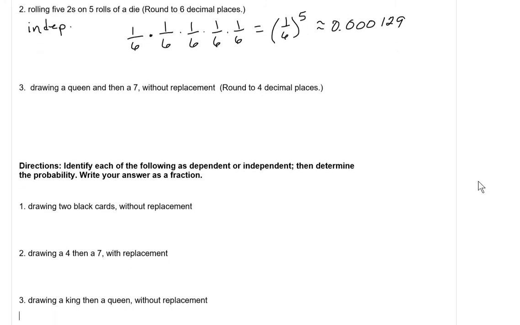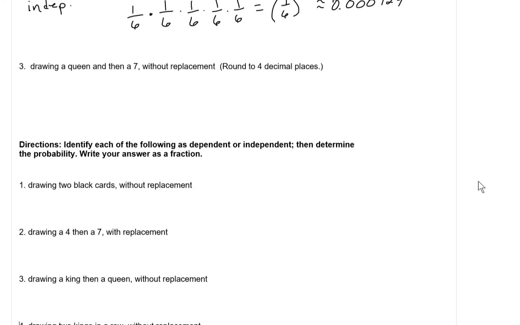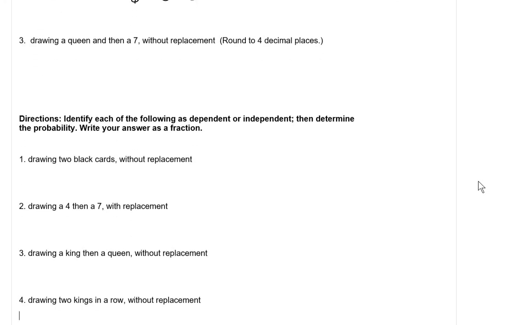Now the next couple of problems here are just like what we've been doing. Problem 3, we're writing our answer as a decimal, and the problems down here in this second section, we're writing our answer as a fraction.